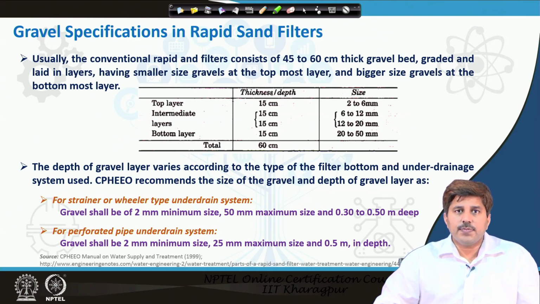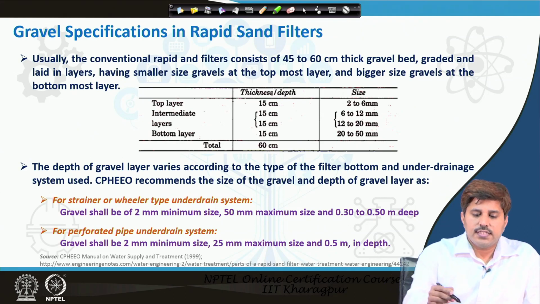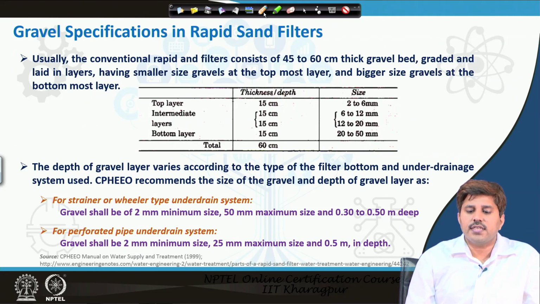The gravel specification in rapid sand filters, again, is similar. The conventional rapid sand filter consists of a 45 to 60 centimeter, around half a meter, thick gravel bed, which should be graded in layers, having smaller sizes at the top and bigger gravel sizes at the bottommost layer.